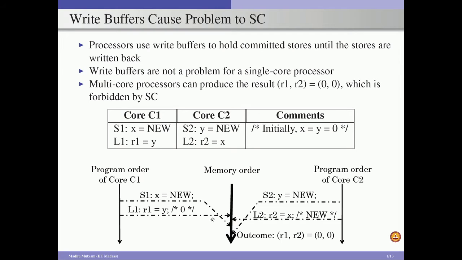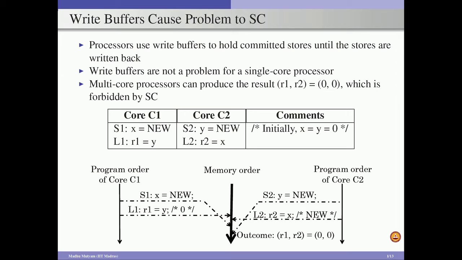Once we have write buffers, our whole idea is that each of these processors can proceed with the subsequent load operations which follow the previous store operations, because these store operations are written to the store buffer, and are not communicated to the actual cache or to the other cores. Before that, we want to proceed with the load instructions.